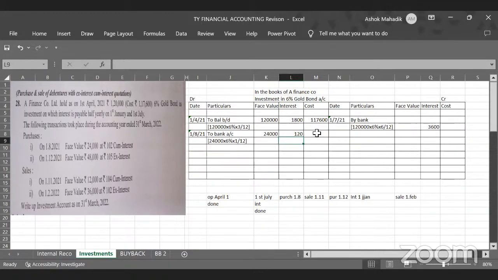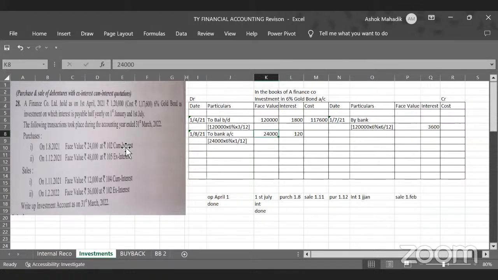Now the rate for this debenture was given as 102. See, whenever you are given face value and the price is given as 102, it means the value of the debenture must have been 100, isn't it?